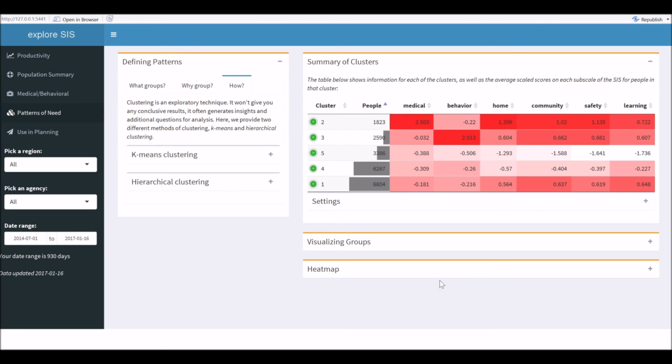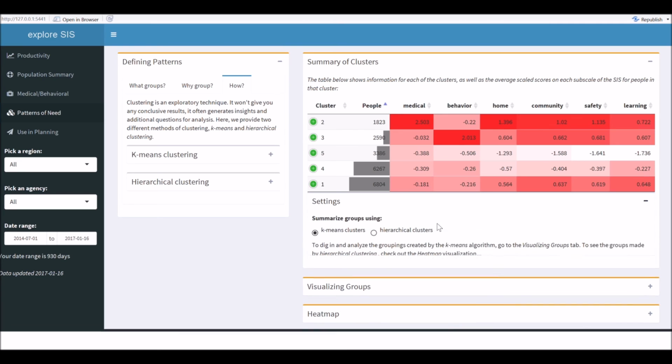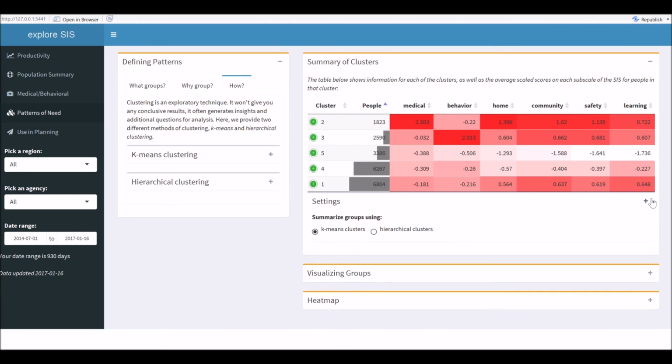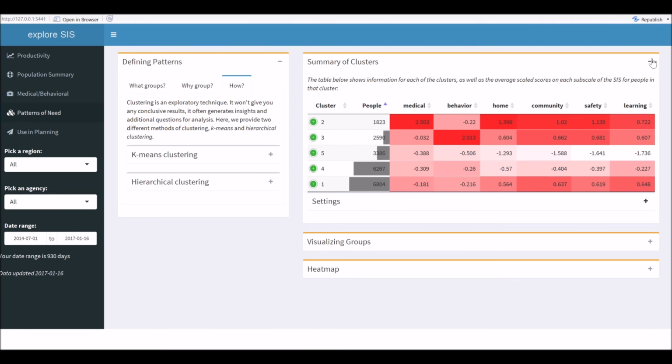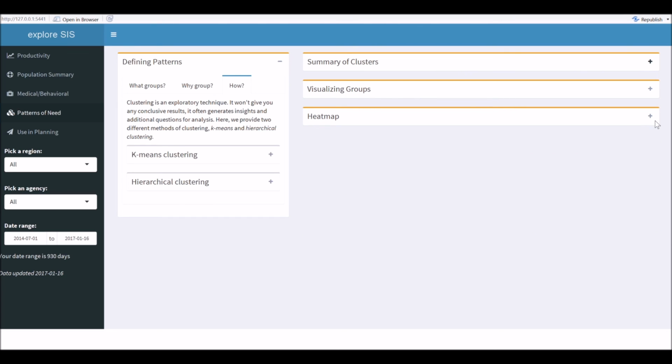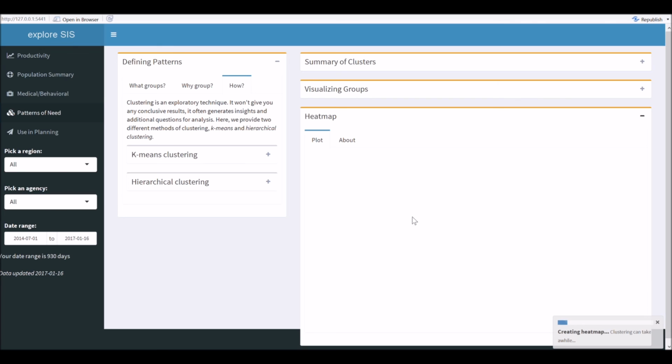And when doing hierarchical clustering, the preferred way to visualize that is with what's called a heat map. So there's a heat map available here for when you've done hierarchical clustering.